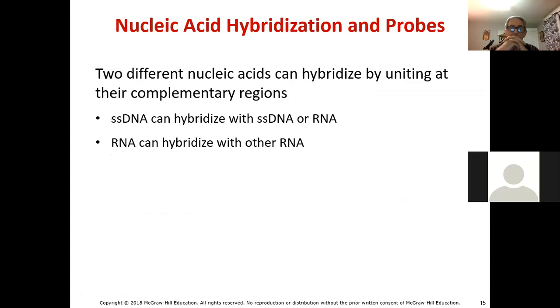Two different nucleotides can hybridize by uniting at their complementary regions. So single-stranded DNA can hybridize either with a single-stranded DNA molecule or with RNA. RNA can hybridize with other RNA. So we can use this knowledge to make probes to look for the actual genes.